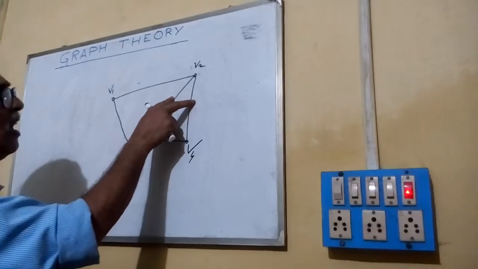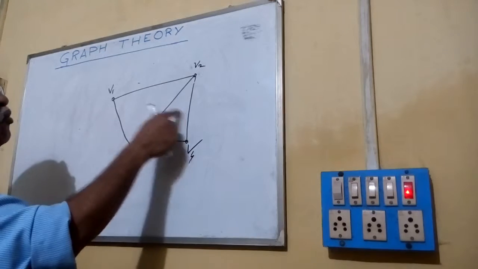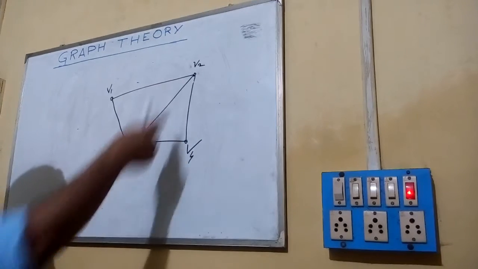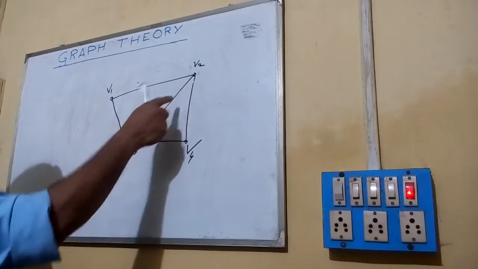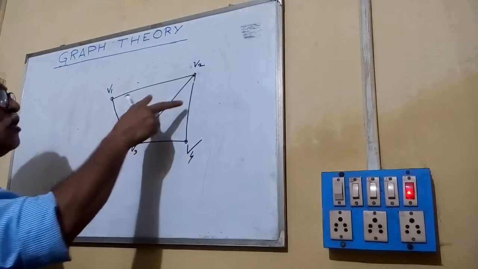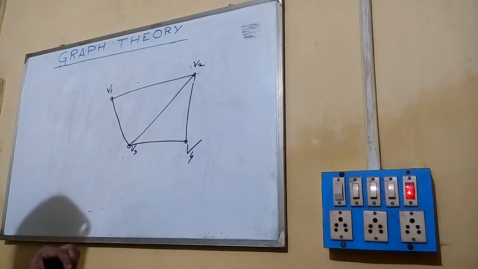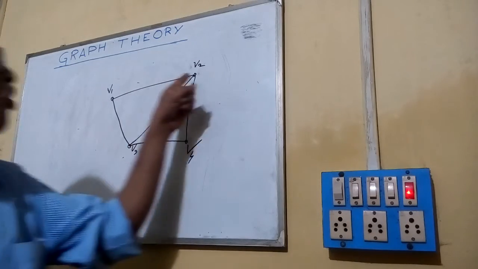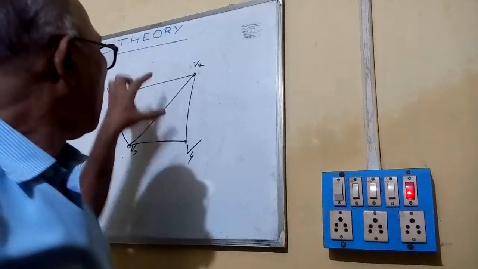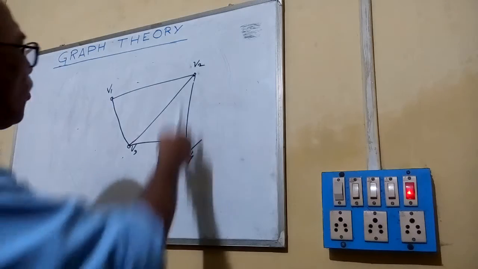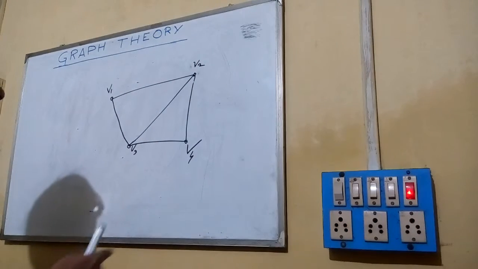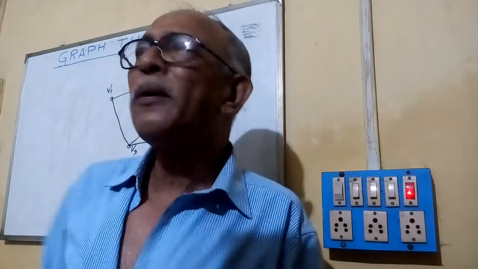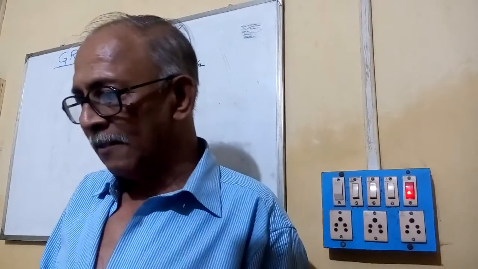If two edges have a common vertex, then these two edges are known as adjacent edges. V2V3 is an edge, V2V4 is an edge. These two edges have a common vertex V2, so they are adjacent edges. V2V1 is an edge, V2V3 is an edge. There is a common vertex V2, so those two are adjacent edges. But V4V2 and V1V3 have no common vertex, so those two will not be considered adjacent edges.